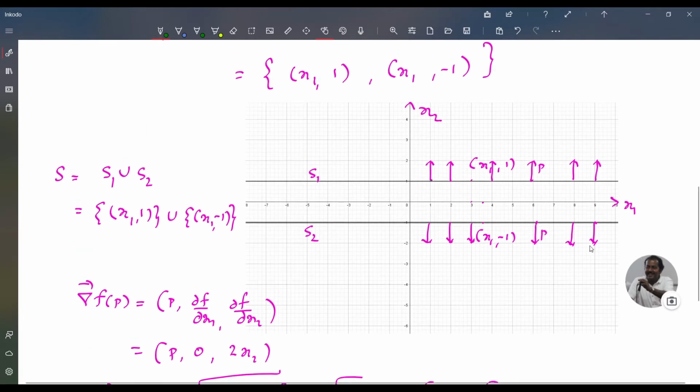These are the orientations. This is minus n on S1, and this is minus n on S2.